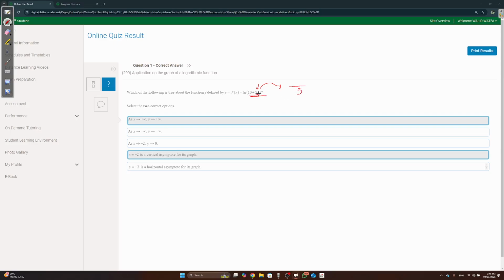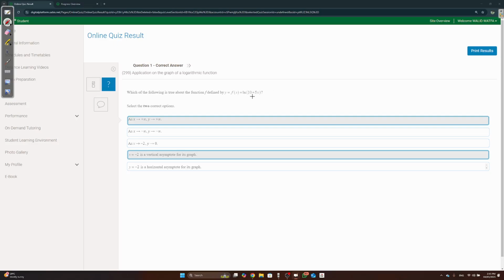The graph will look like it will be shrunken, if you know what I mean. And then they do 10 divided by 5 and they get 2. And since it's adding, they move 2 units to the left, so x equals -2 is a vertical asymptote. You can use that, but if you don't know how to work with transformations, you're going to be very confused.